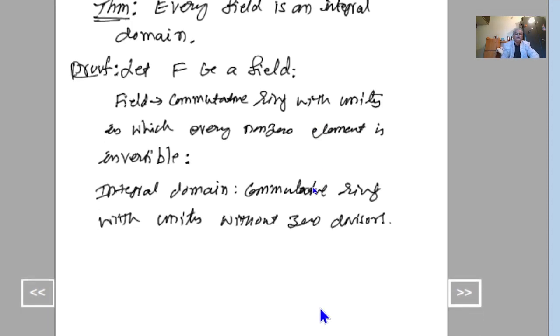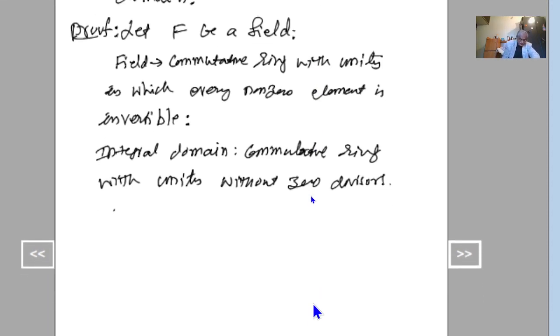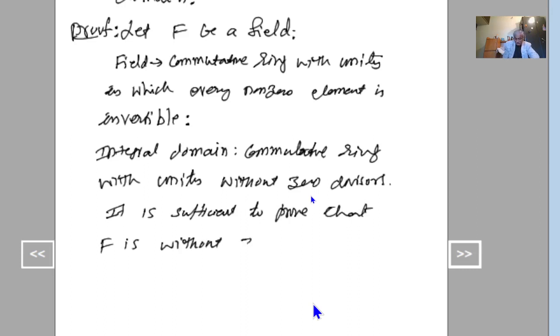Okay. So here it is sufficient to prove that F is without zero divisors. Then what is the definition of without zero divisors?